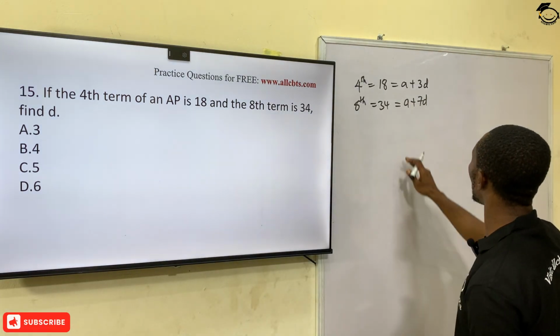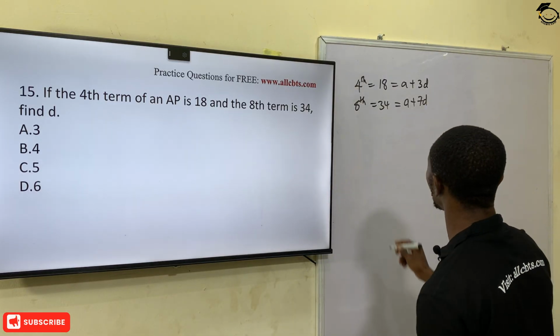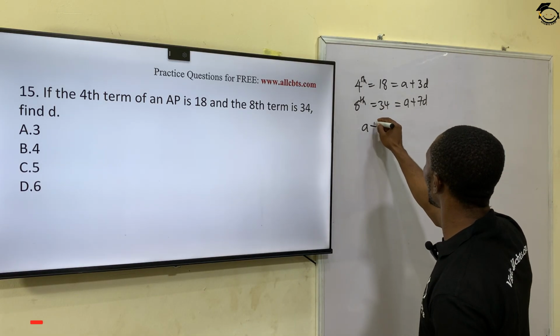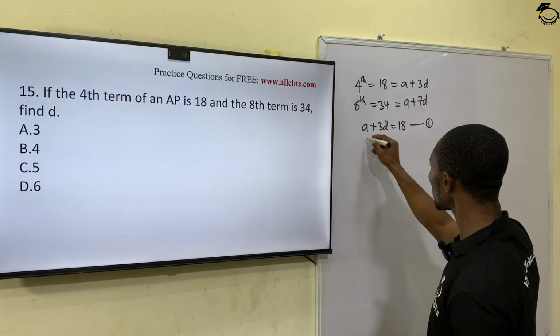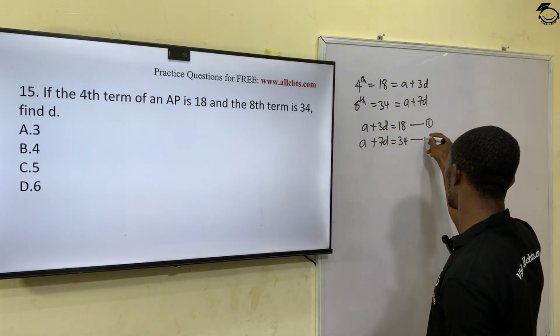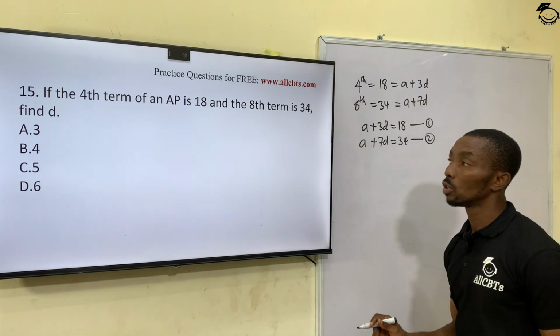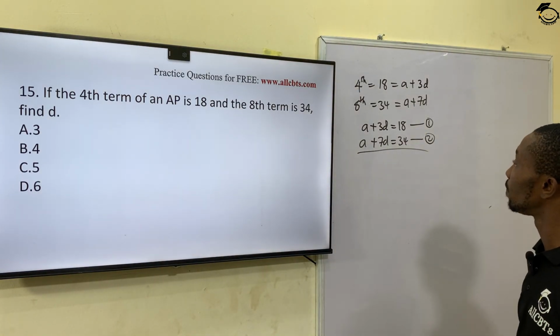We should find the common difference. Solving this as a simultaneous equation also, we have A plus 3D equals 18, equation 1. A plus 7D equals 34, equation 2. So here we subtract equation 1 from equation 2.